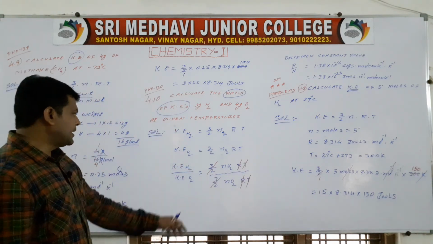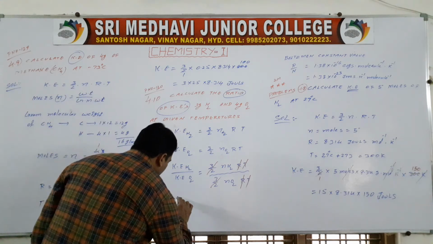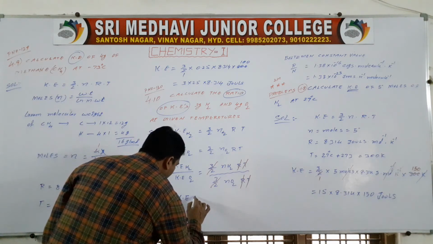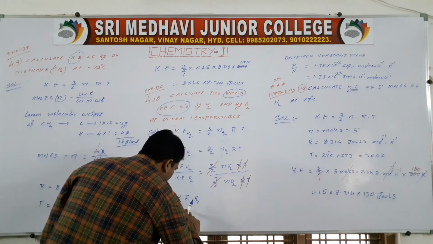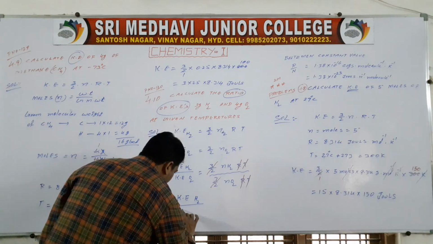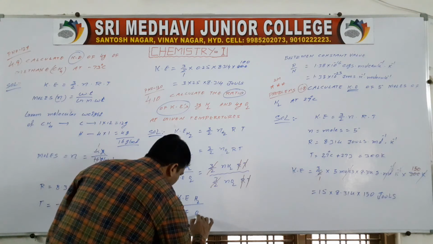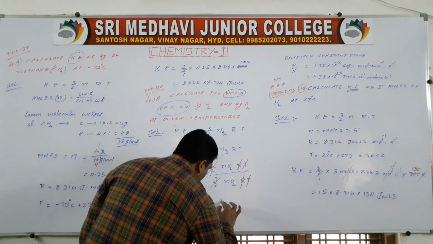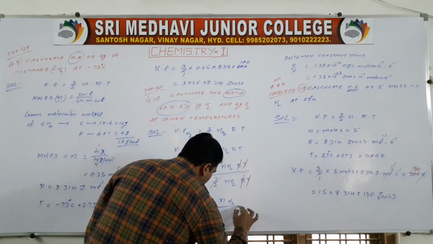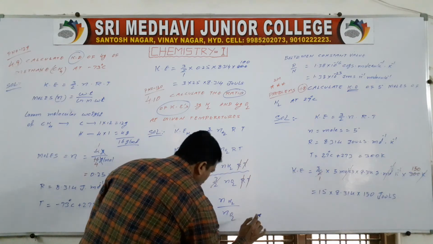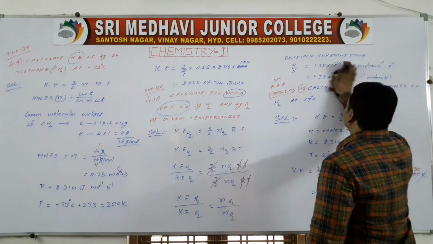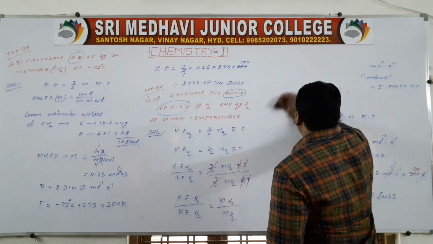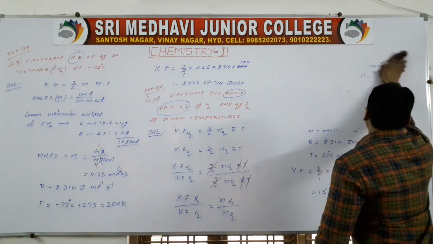Okay, then KE of H2 by KE of O2 is equal to nH2 by nO2. Here n means number of moles.